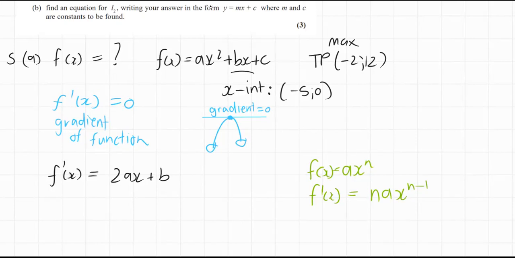And we know that when f dash of x equals 0, the x value is going to be minus 2 from our turning point. If you look at the turning point that was given, the x is minus 2.